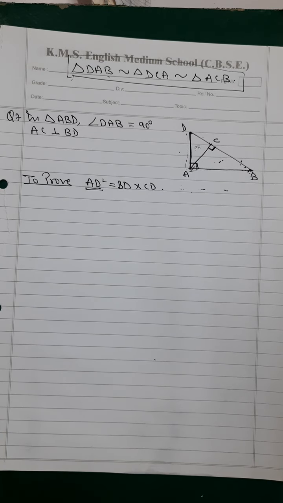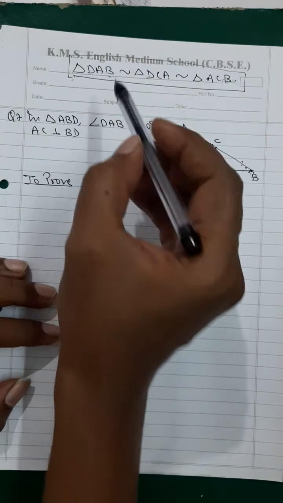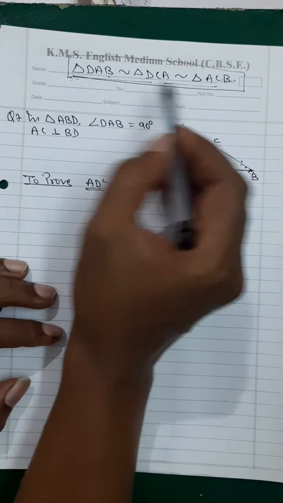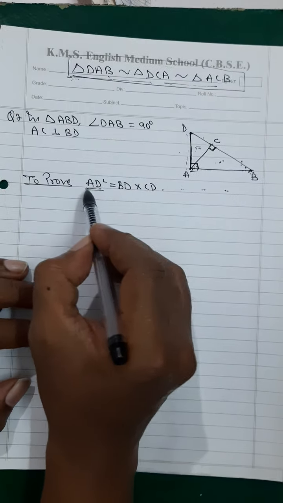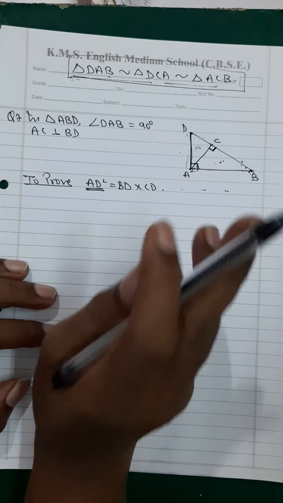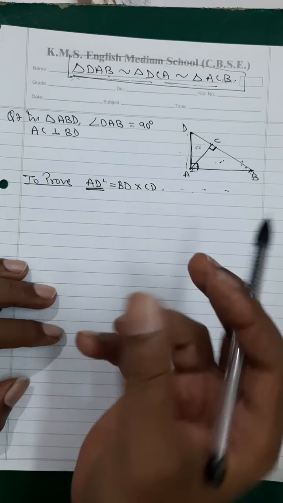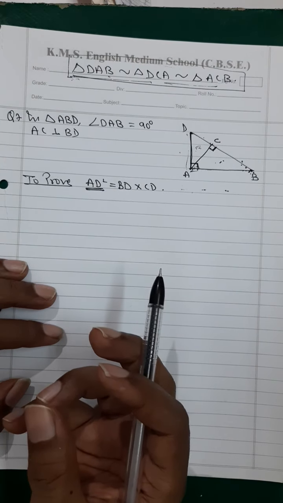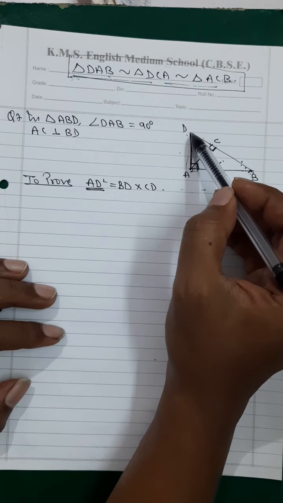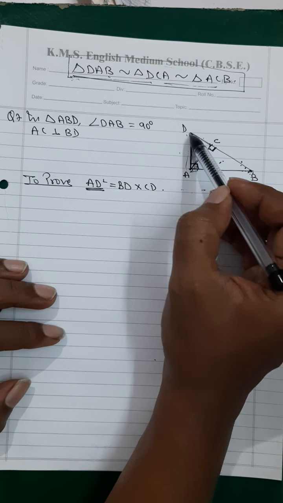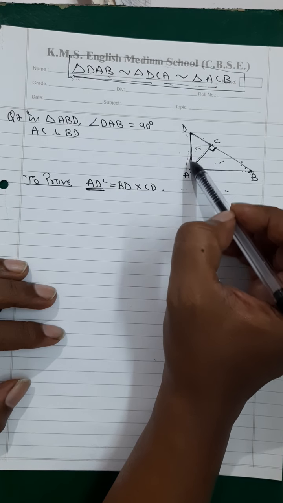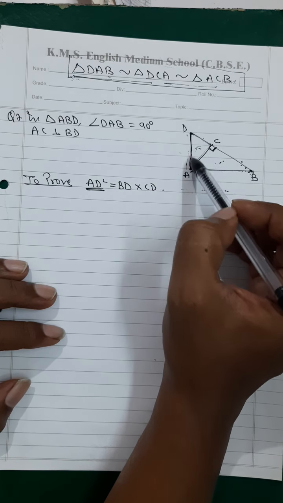Why I am telling you all people is that now you can prove all three triangles are similar. You want AD square, so you have to search for a pair which will give you AD square. AD is present in triangle ADC, and in triangle DAB also AD is present.